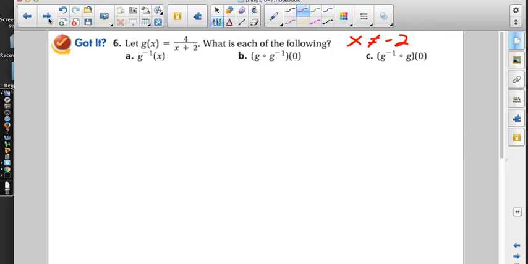So far so good. Looks like we're going to be able to do them. So let's go to A. We're finding the inverse. First step. Second step. So what's the easiest and fastest way to do that?